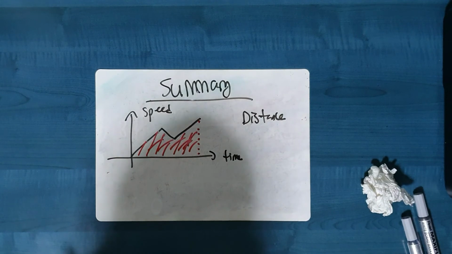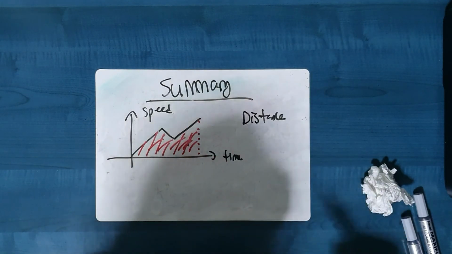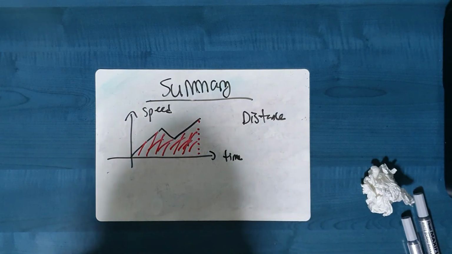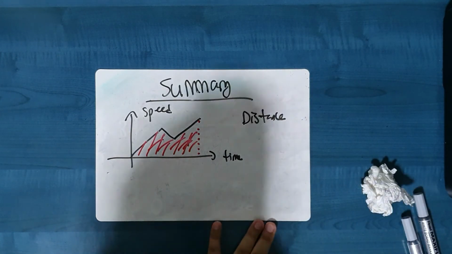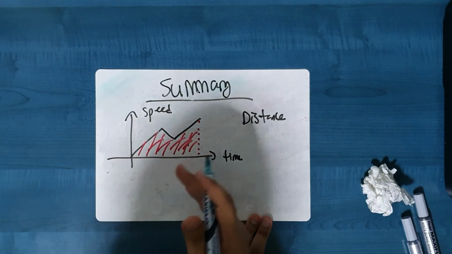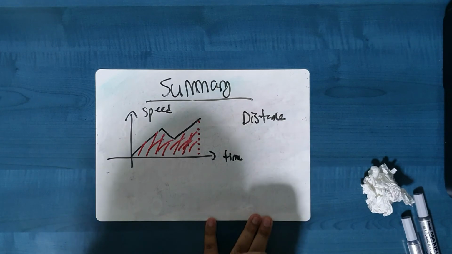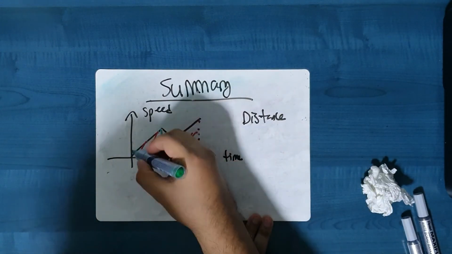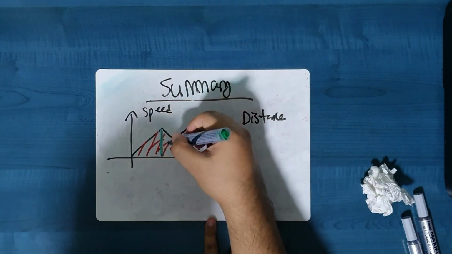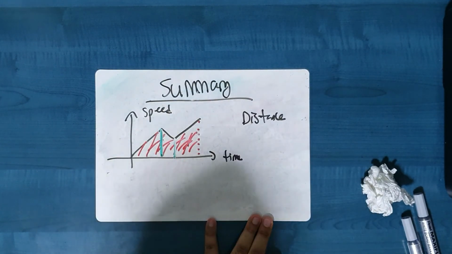Now, it's impossible to find straight away the area of this. So what do we do? Okay, as we saw just now, we break up this region into shapes that you all recognize. For example, I can break up this region into a triangle, a trapezium, and another trapezium.